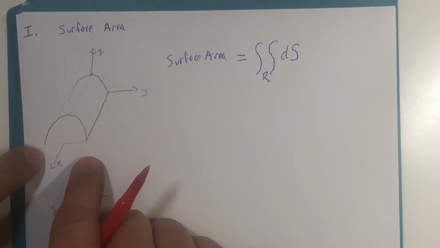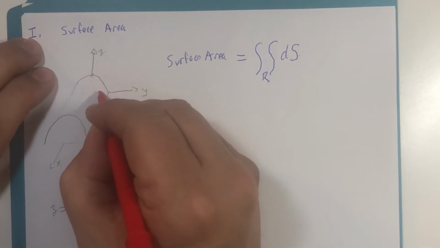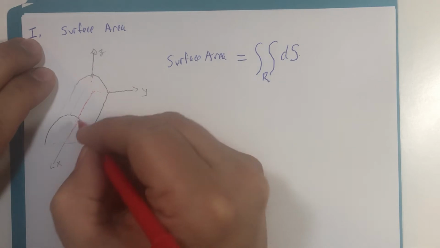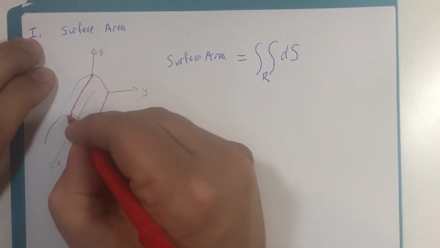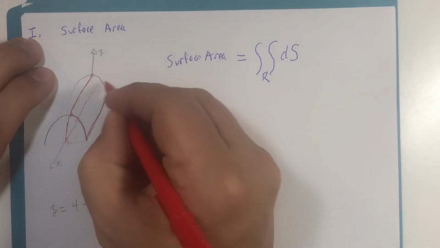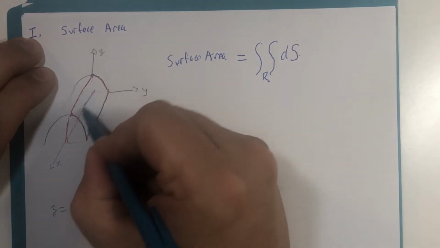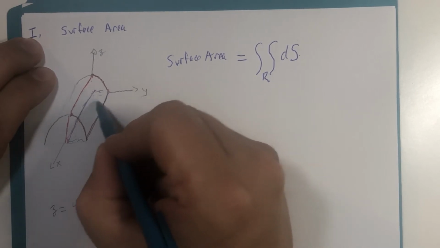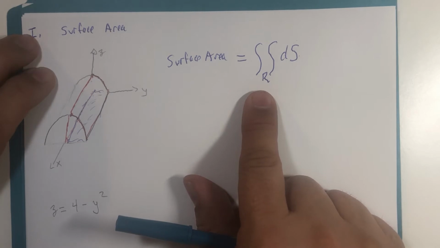It does extend below the XY plane. What we're going to do is just look at what if we were to focus our energy on the part of this graph that resides over the rectangle in the XY plane. So the rectangle down here becomes our region of integration.